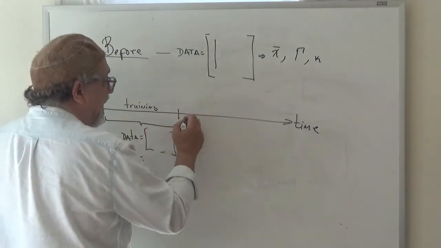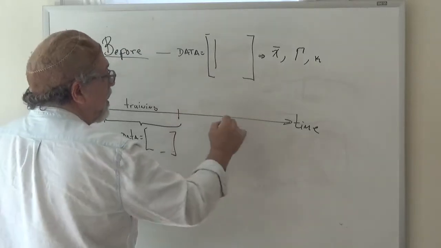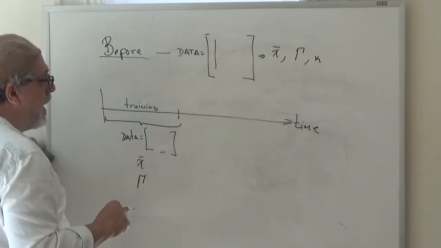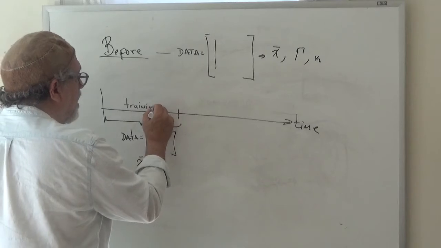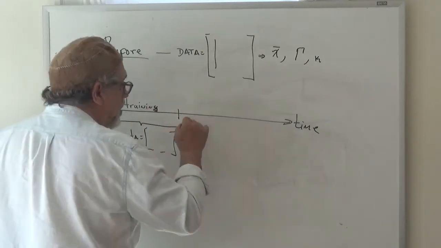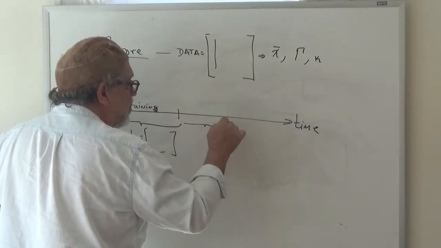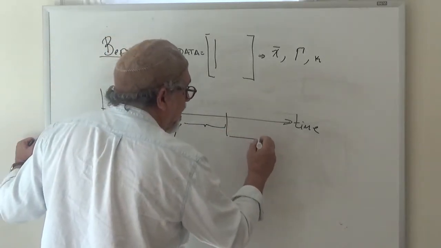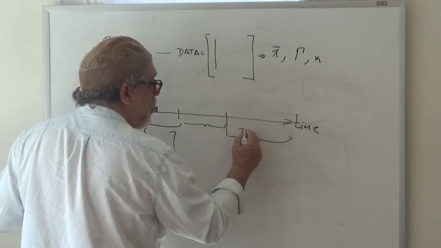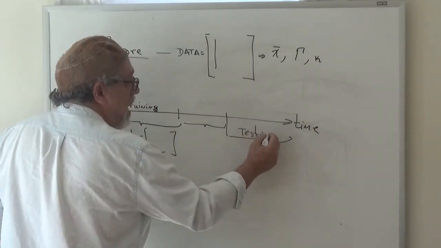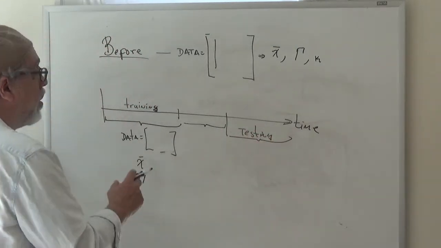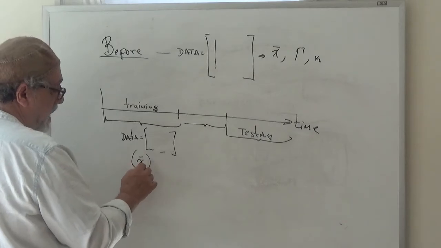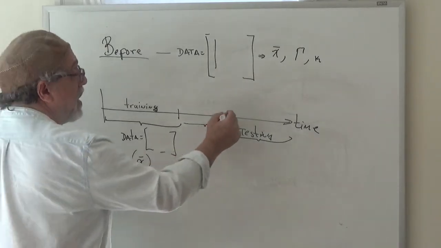Now, in many applications, after training, there could be another period here of calibration before we begin, but I'm going to skip that right now. I'm just going to say now we are testing. So now we are testing means that we have this mean, we have this covariance.